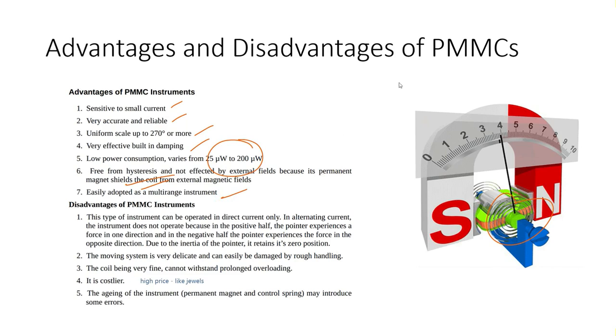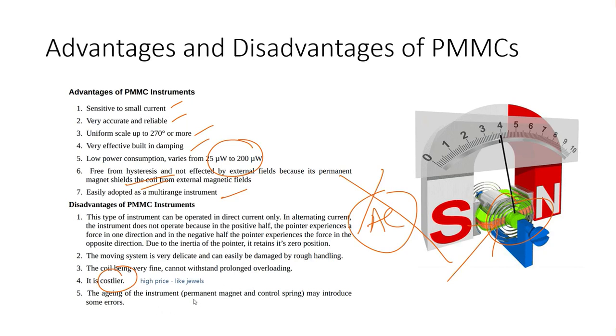Easily adapted for multi-range instruments because we can connect any resistor in series or parallel to get our different instrument ranges. The disadvantages are that these instruments can be operated on direct current only, so AC is not applicable here. The moving system is very delicate and can easily get damaged, so these springs must not be touched or they will get damaged. These are costlier because making them requires much precision, hence they are built at more cost.